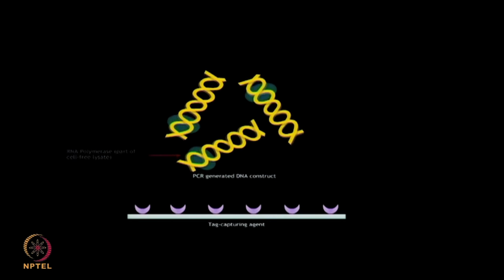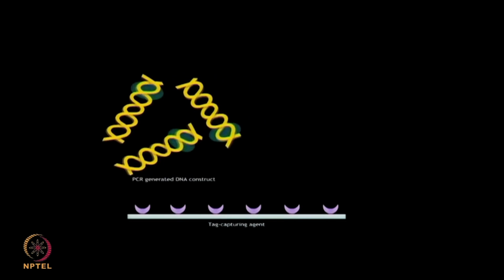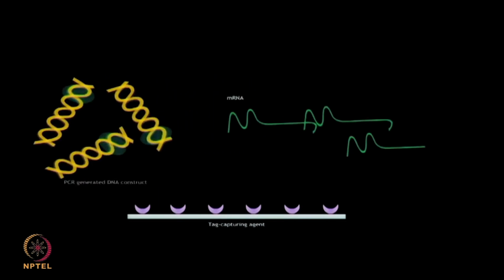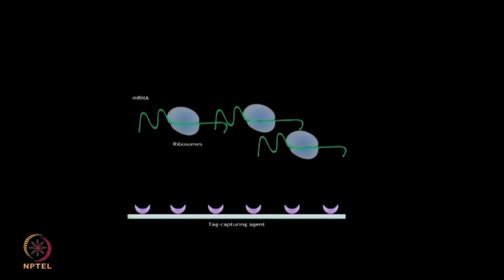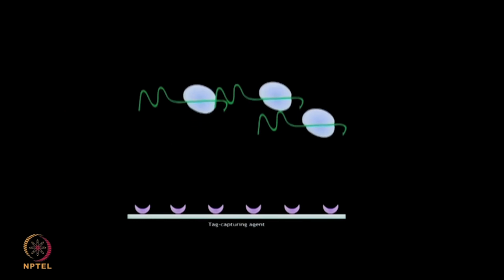The protein is expressed from its corresponding DNA by using cell-free lysates such as E. coli S30 or rabbit reticulocyte lysate.